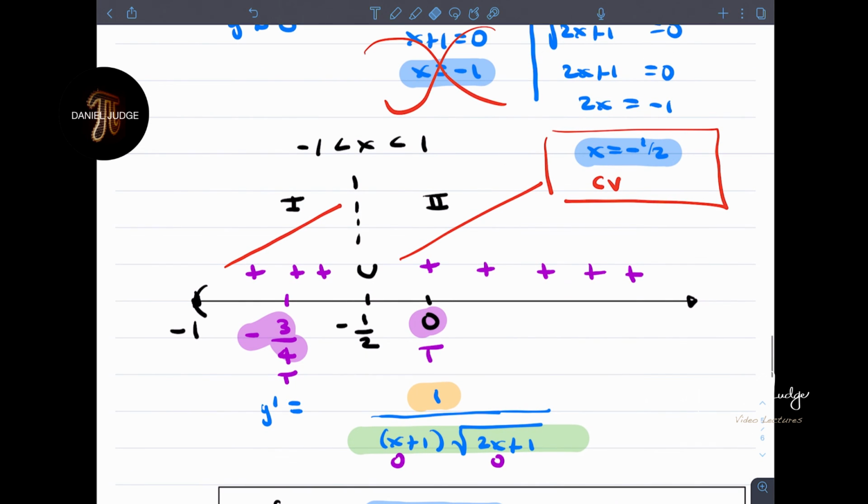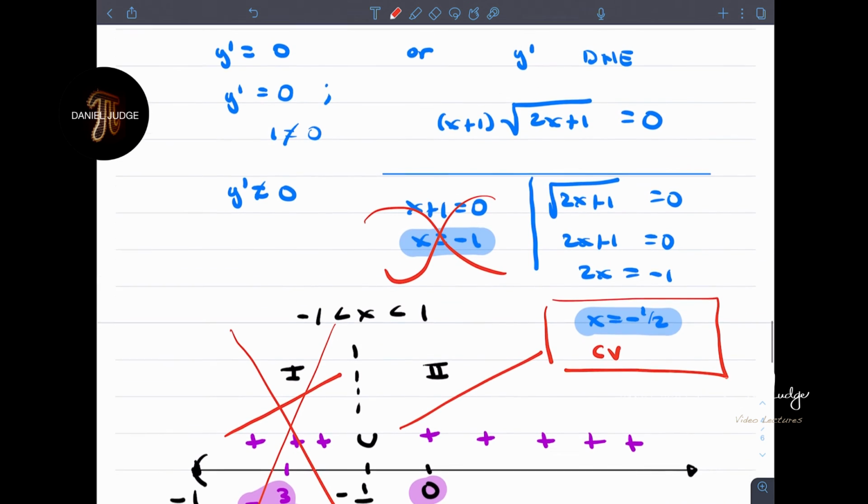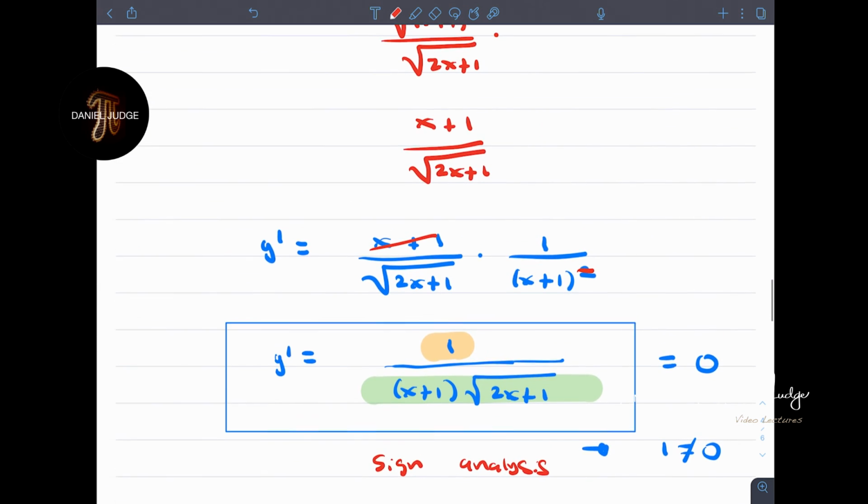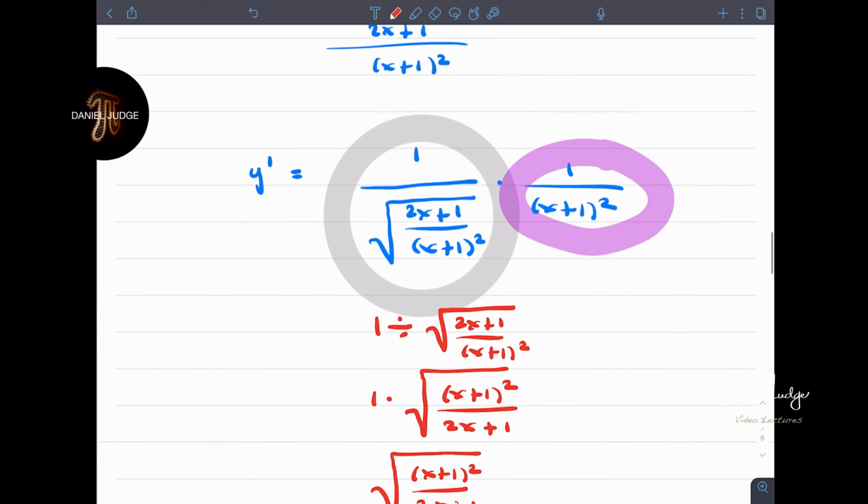But then why are we throwing out quadrant 1? We have to think about why quadrant 1 is going away. Quadrant 1 is gone.